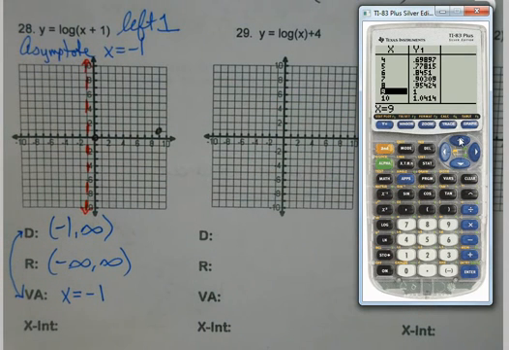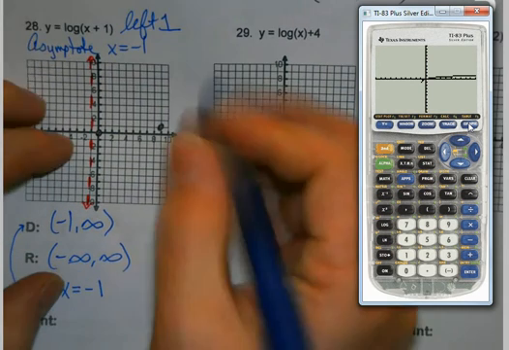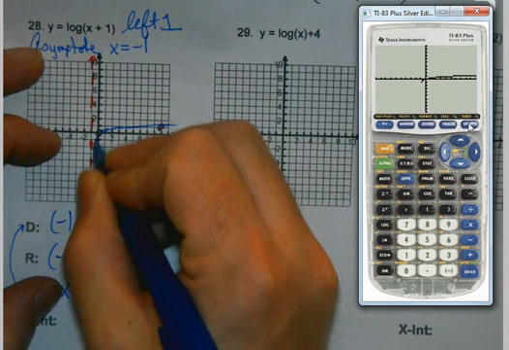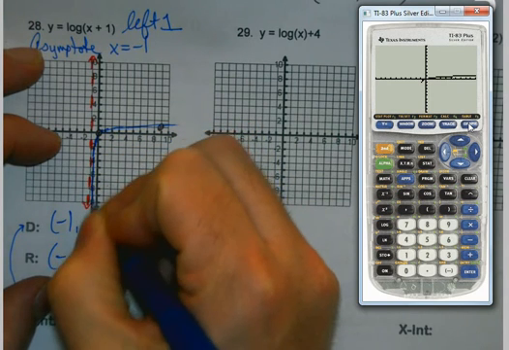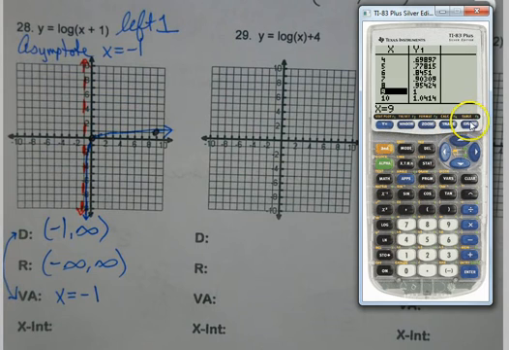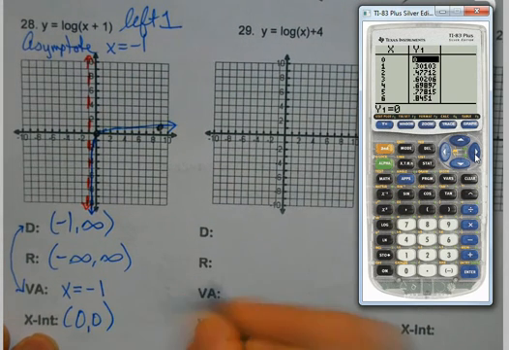And so when I go to make the picture reminders, I'm going to go through those 2 dots, but again, we don't cross the dotted line. We don't cross the asymptote. But I do need to keep it going. It doesn't stop. And I did get fortunate this time in that my x-intercept is going to be easy to calculate because I see where that 0 is at. So my x-intercept is at 0, 0.